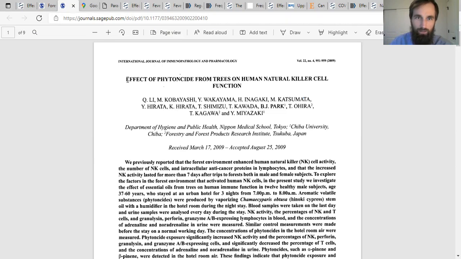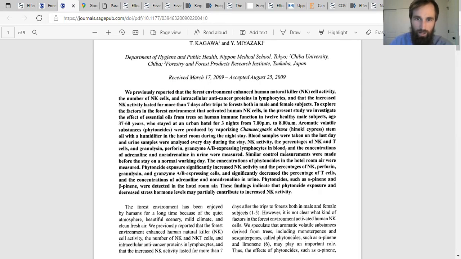They were just talking about phytoncide, which is another name for essential oils. They took essential oils, they aerosolized or humidified them, and they had the group stay in an urban hotel for 3 nights. They had aromatic volatile substances that were produced by vaporizing cypress oil.